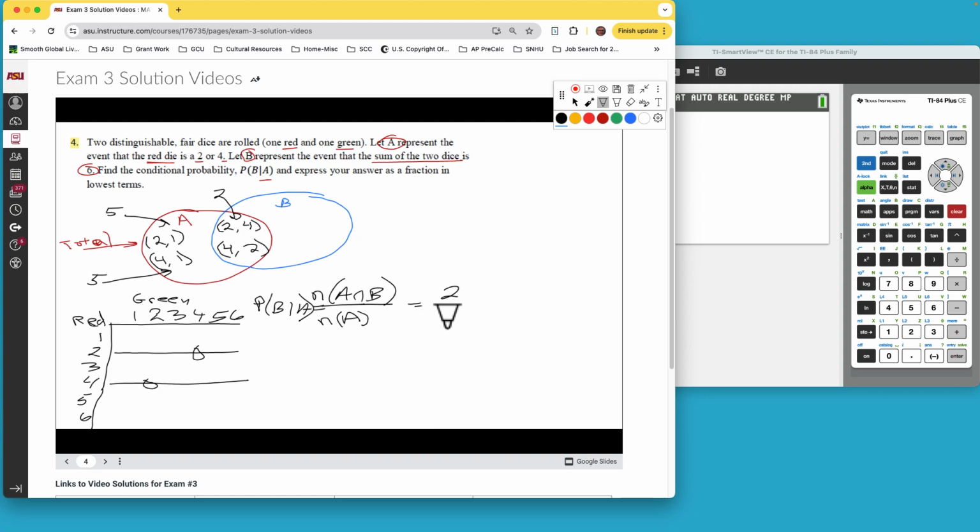So we've got 2 divided by 12, which is 1/6. And they want us to express it as a fraction, so we did. It's nice right there. And there it is, 1/6.